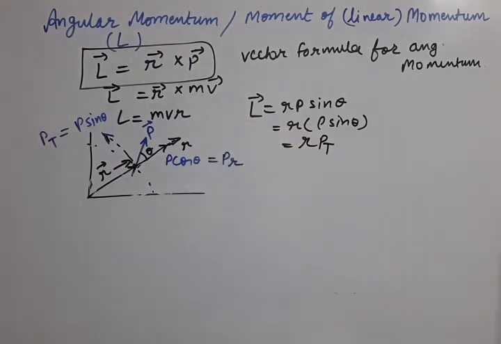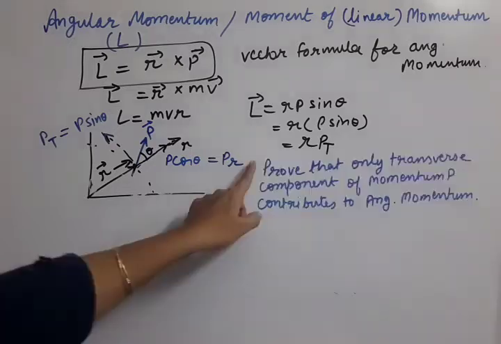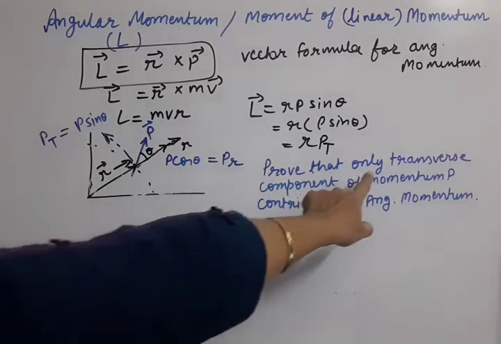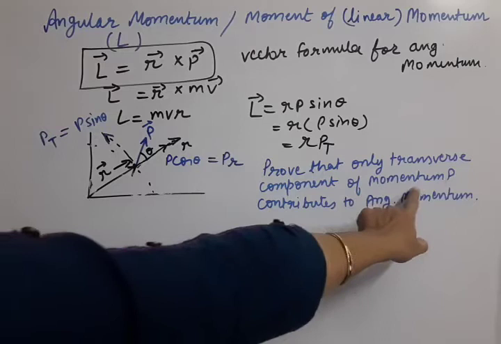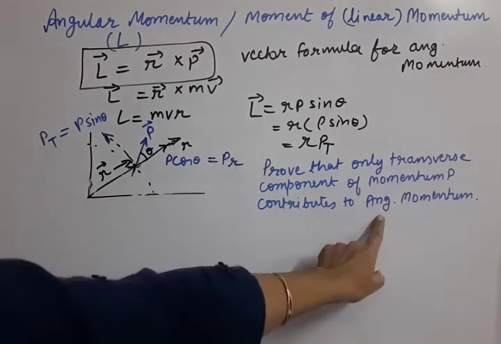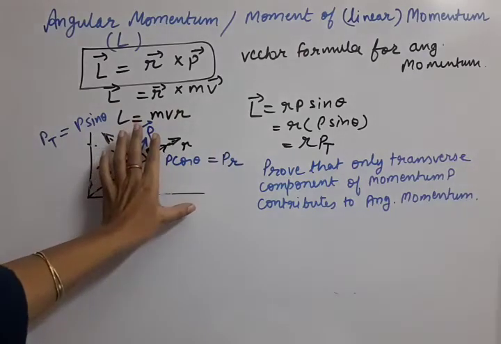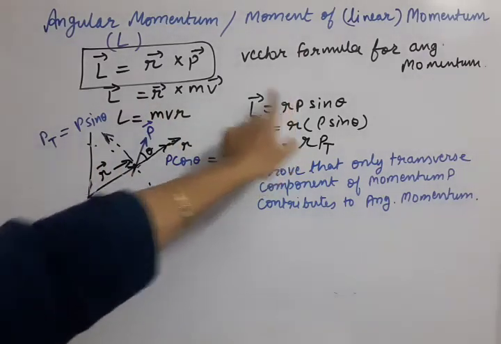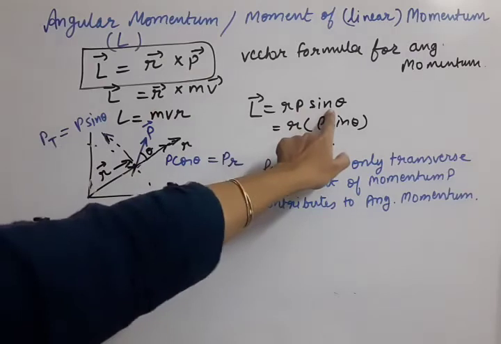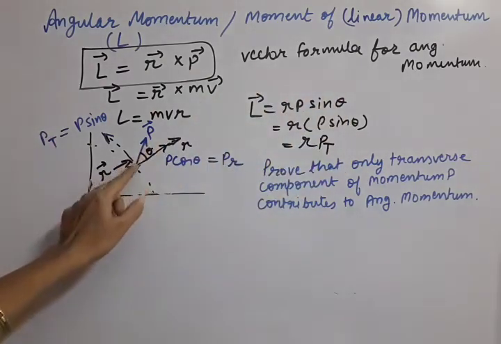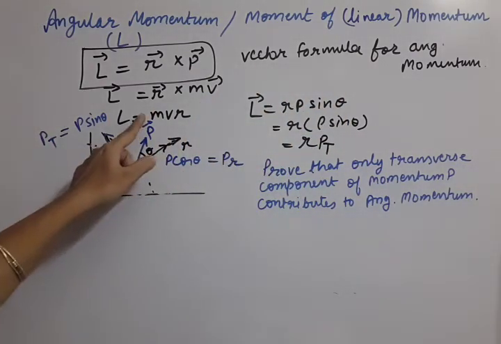This we have discussed for the torque also. The question is asked: prove that only the transverse component of momentum P contributes to angular momentum. So you have to show these steps along with the diagram. R cross P can be written as Rp sin theta, where theta is the angle between the R direction and the P direction.